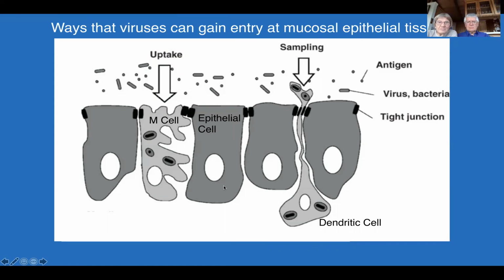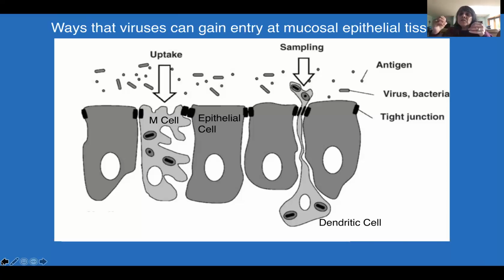May I ask a very simple question, would you please define mucosal? That's a great question, Rusty. Mucosal epithelia are the epithelial surfaces in the nasal passages, the throat, the lungs, the vagina, the intestine.